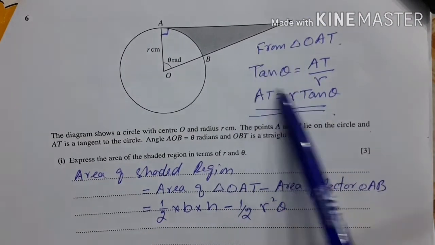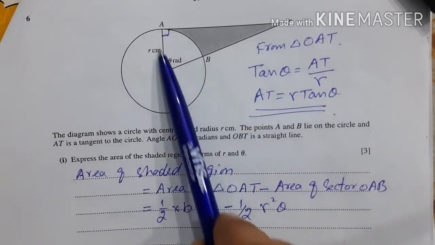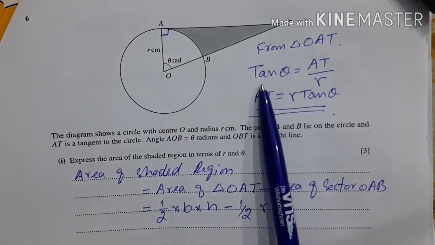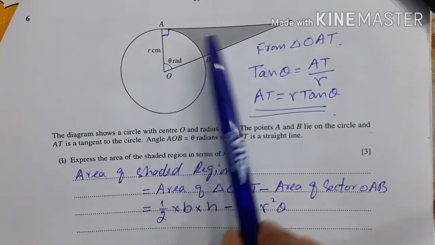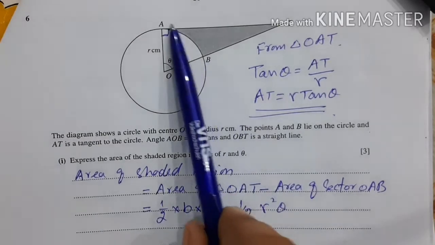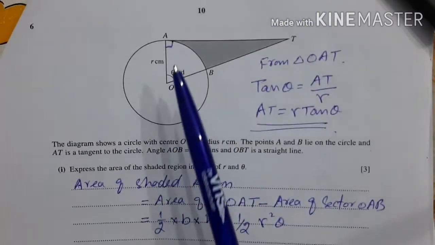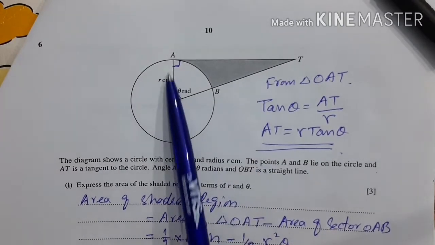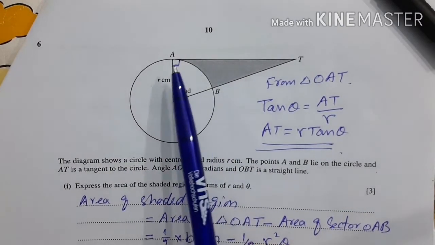So this is the value of AT from this triangle by tan theta. This is base, this is perpendicular. Now for the area of AOT, it's up to you which is base and which is perpendicular.